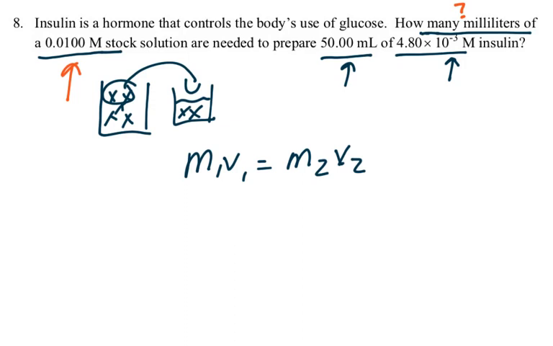So, before we do anything, let's look at this: this is 3 sig figs. This is 4. This is 3. So our answer will have 3 sig figs.